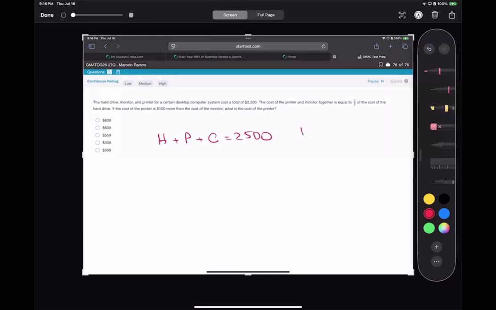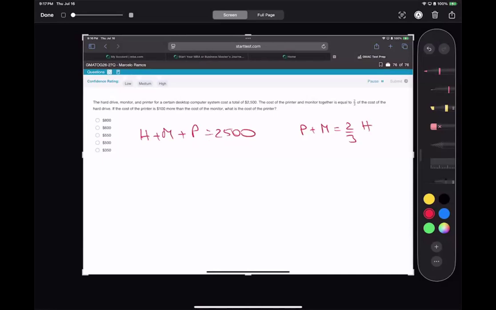The cost of the printer and the monitor together is 2/3 the cost of the hard drive.